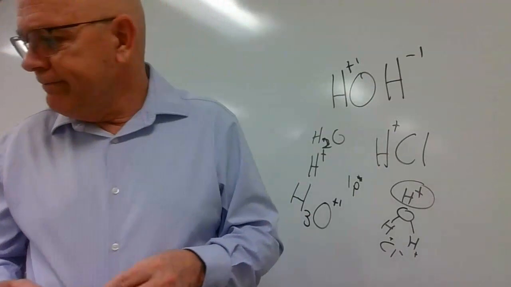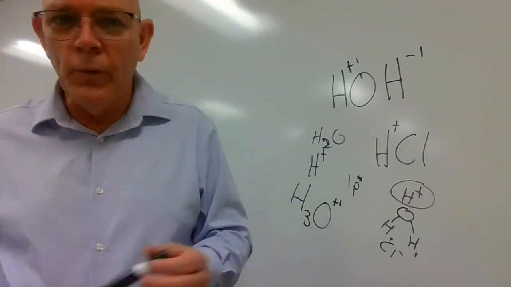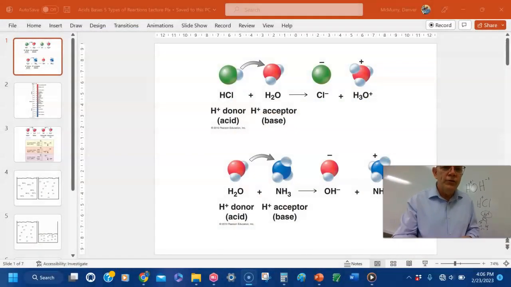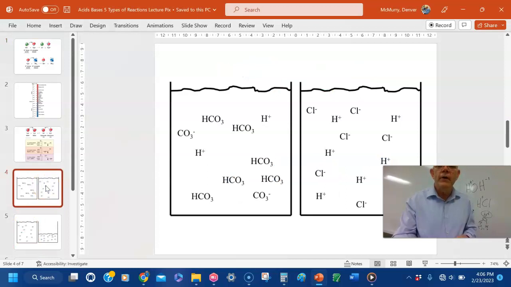Now, what is a strong acid or a weak acid? I think this is an important thing I like to spend a little time on, so let me switch back to my other one. When we put an acid in water, we said the hydrogens are released. You have these hydrogens float off. We have two acids here: HCl, which is hydrochloric acid, and H2CO3, which is carbonic acid, a relatively very weak acid.